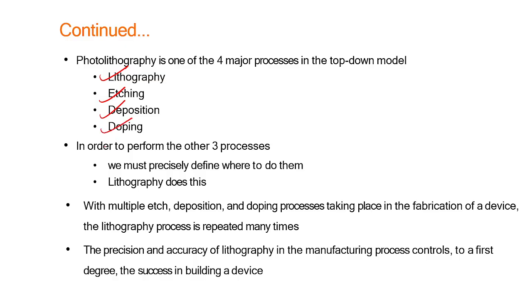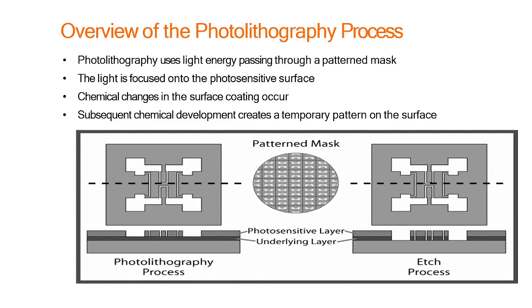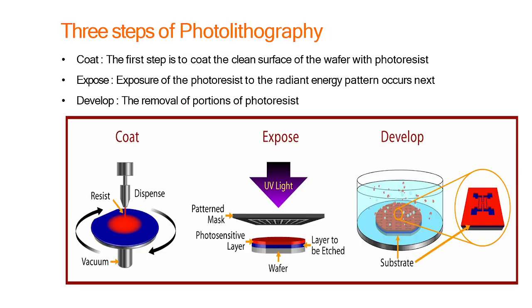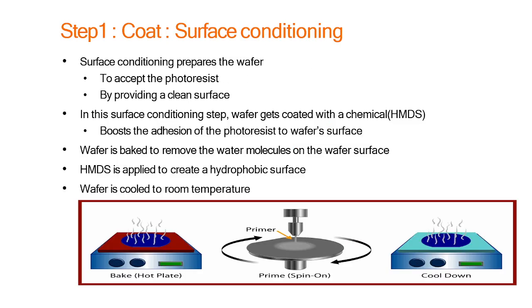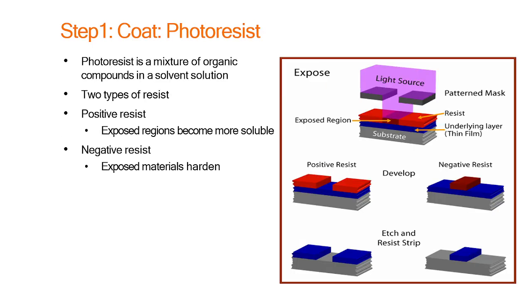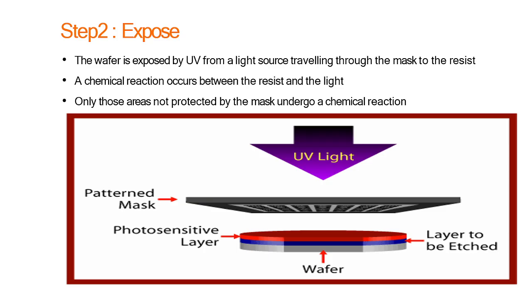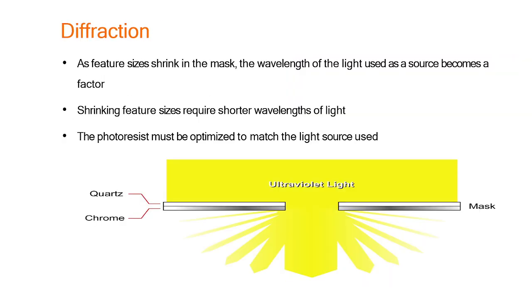This is the pattern mask: we mask whatever shapes we want, and what we don't want we remove with UV rays or a chemical process. That is the photolithographic process. Three steps are there: coat, expose, and develop. Surface conditioning, spin coating, coating photoresist, soft bake, all these are done in photolithography.